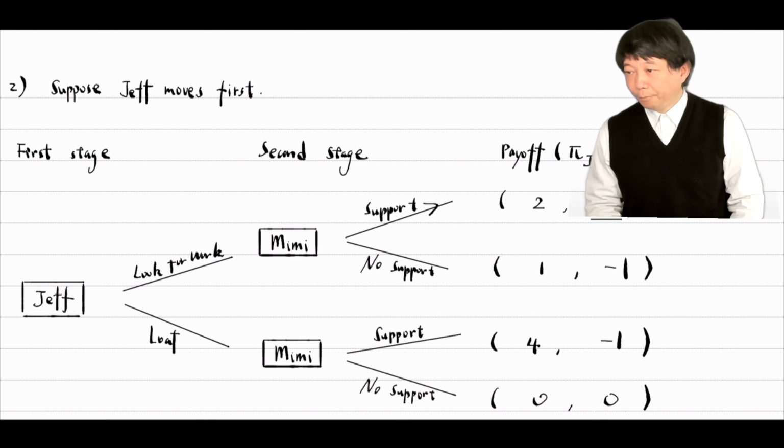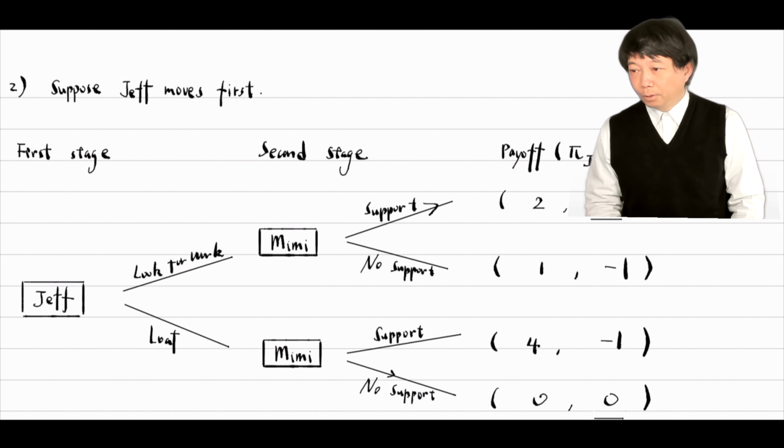Given that Jeff chooses to loaf, Mimi's best response is not to support her son because it gives her a higher payoff. We underline her payoff 0 and add an arrow on the path. Next, we figure out Jeff's decision in the first stage, given his mother Mimi's response.